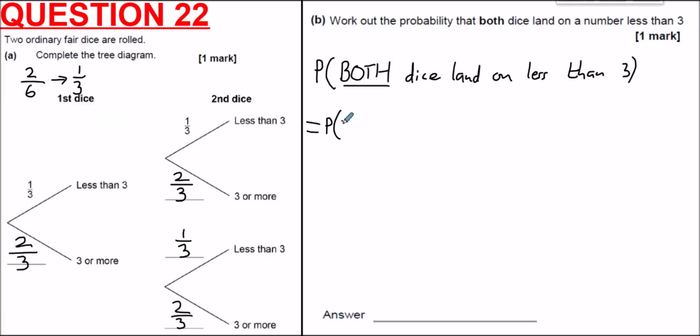It's a probability that the first is less than 3, and the second dice is less than 3.